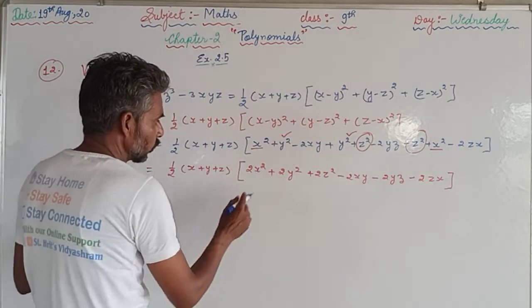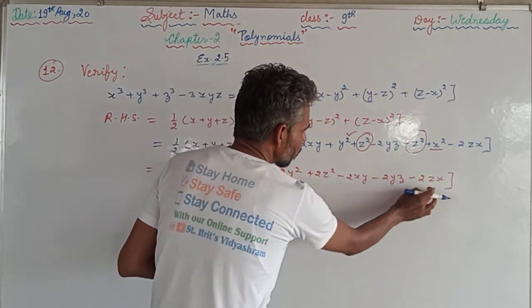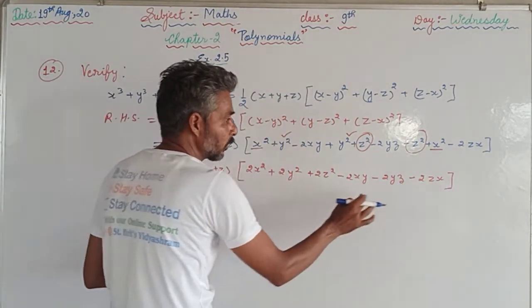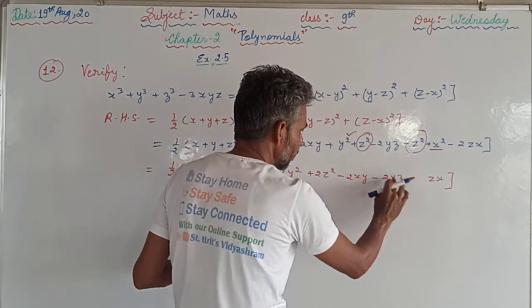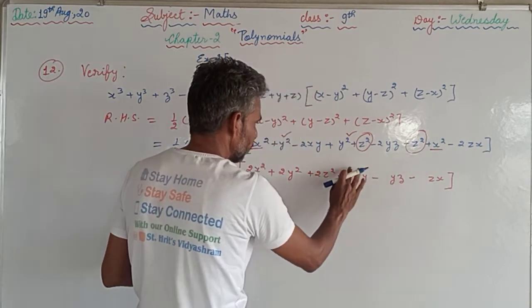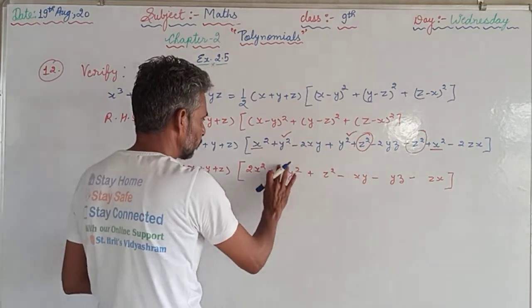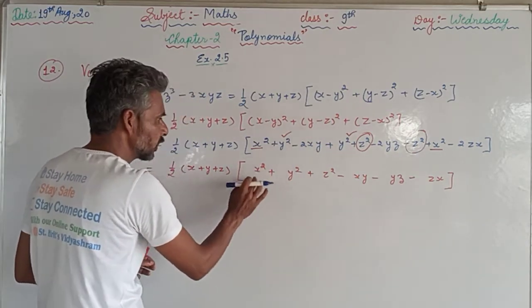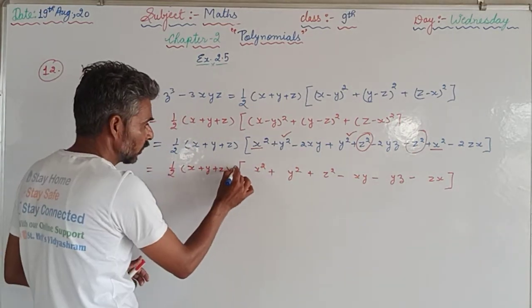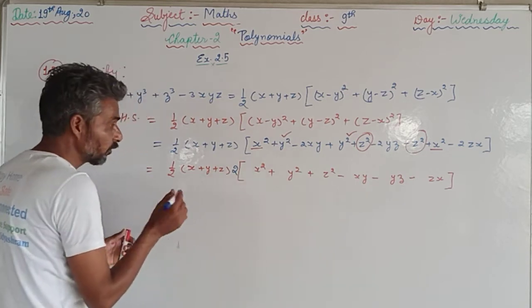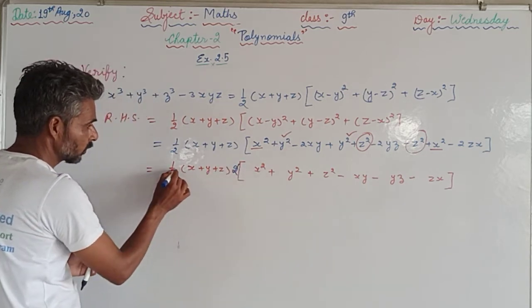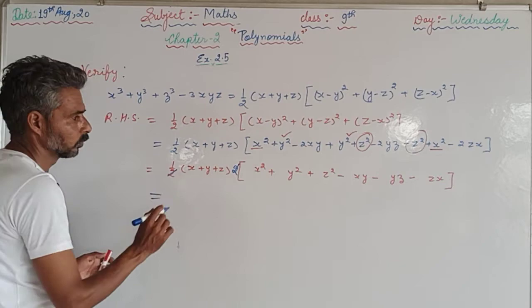Now you can see 2 is there in all the terms. If we take 2 common from each and every term, we write 2 outside. Now this 2 will cancel out the half.